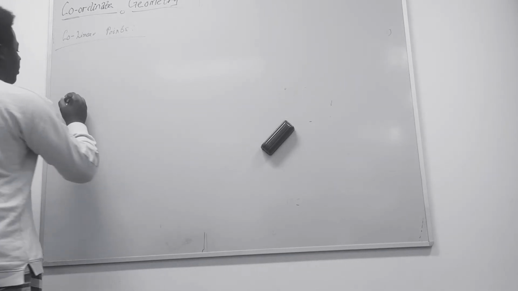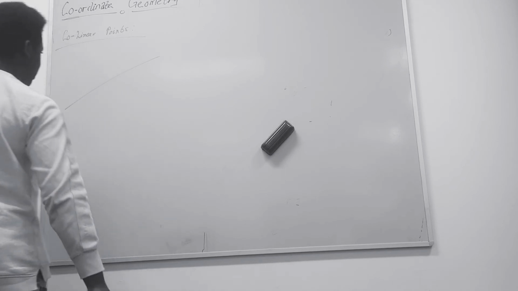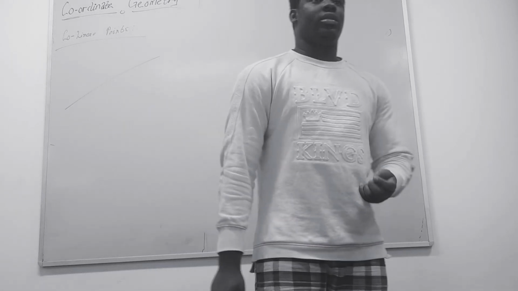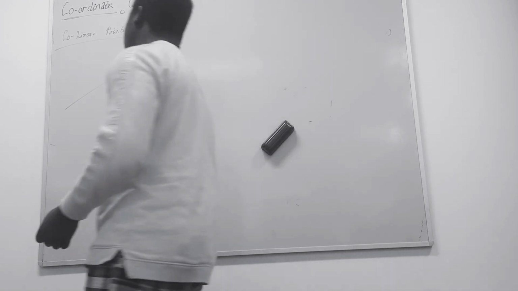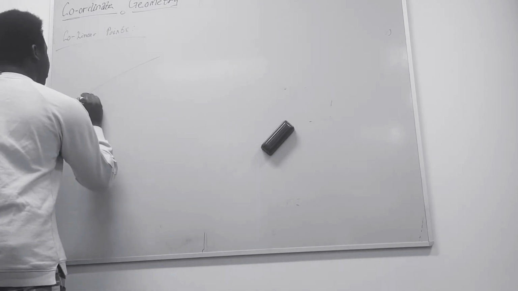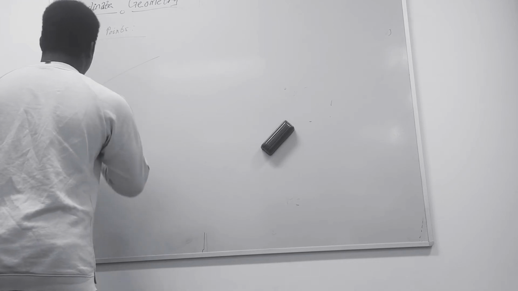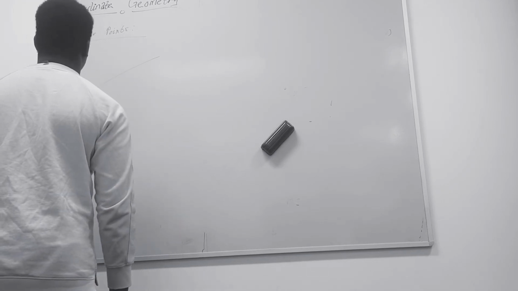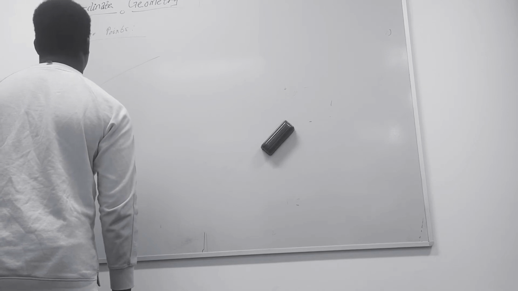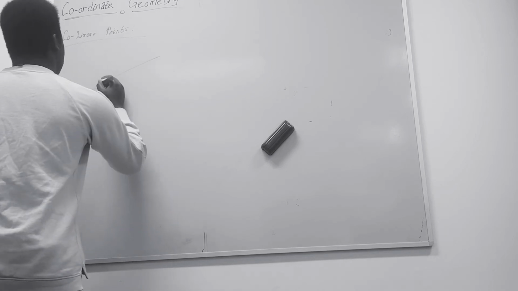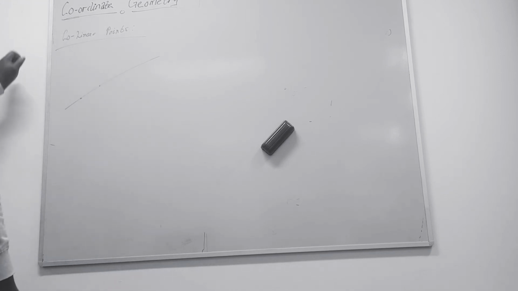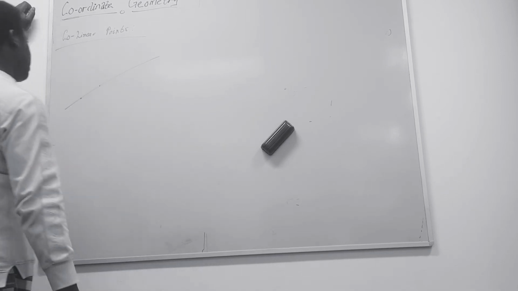If we have a line in a two-dimensional space, and we say that this point and I tell you that these 2 points are collinear.